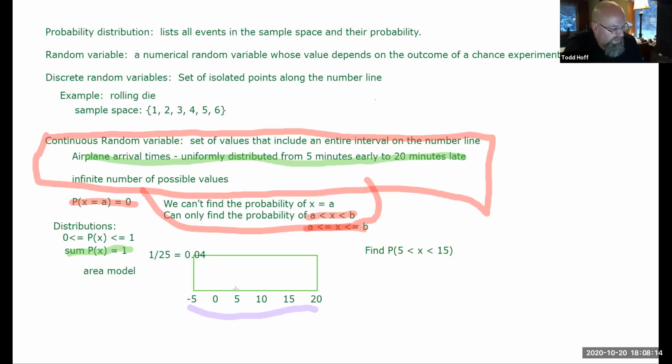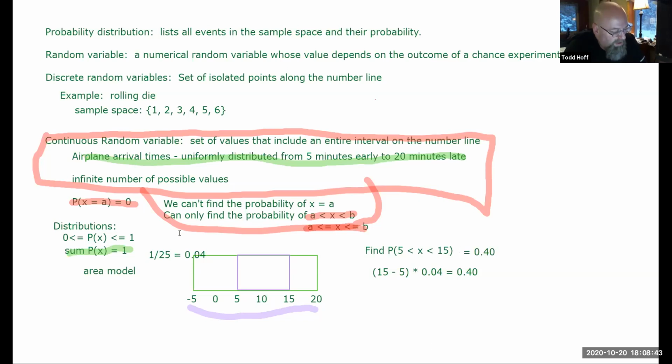Well, 5 to 15 is here. That's a width of 15 minus 5, and we're going to multiply it by that height of 0.04. That'll give us the area of that section. And that comes out to be 0.4. So that's our probability. Probability of being between 5 and 15 is 0.4.